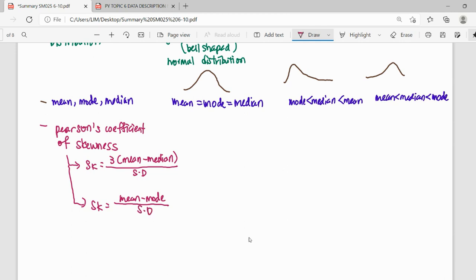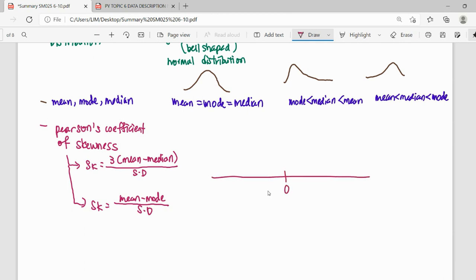Of course, when you use different formulas, our result will be different. But our justification of the distribution will come to the same. So this is our guideline.